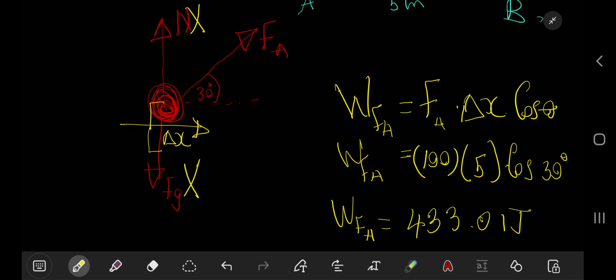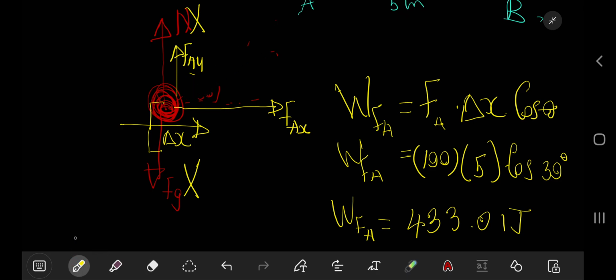Now the second approach is that we can resolve this force into two forces. If we resolve this applied force into two components, then we would have your vertical component, which is F applied in the y direction, and your horizontal component, which is F applied in the x direction.